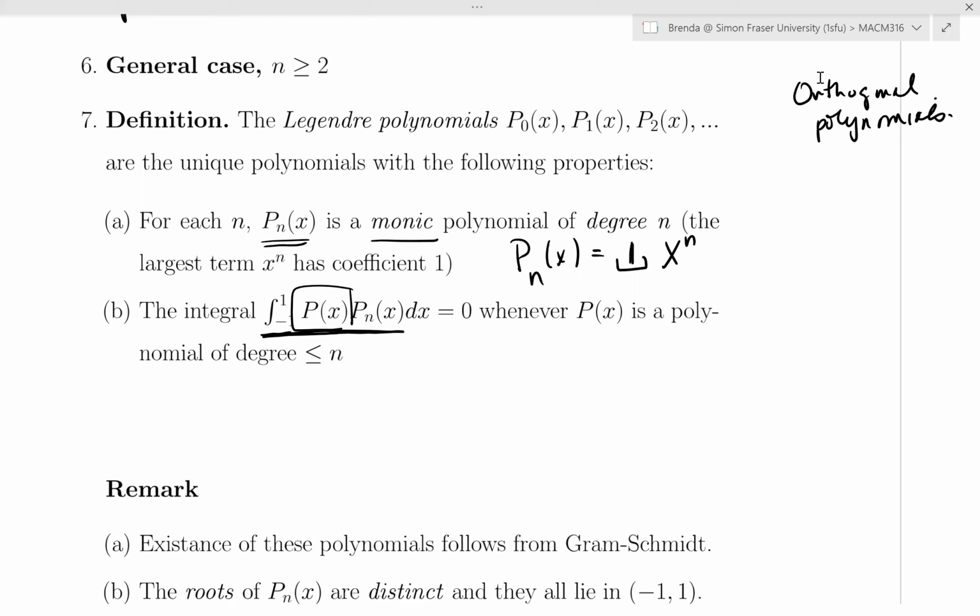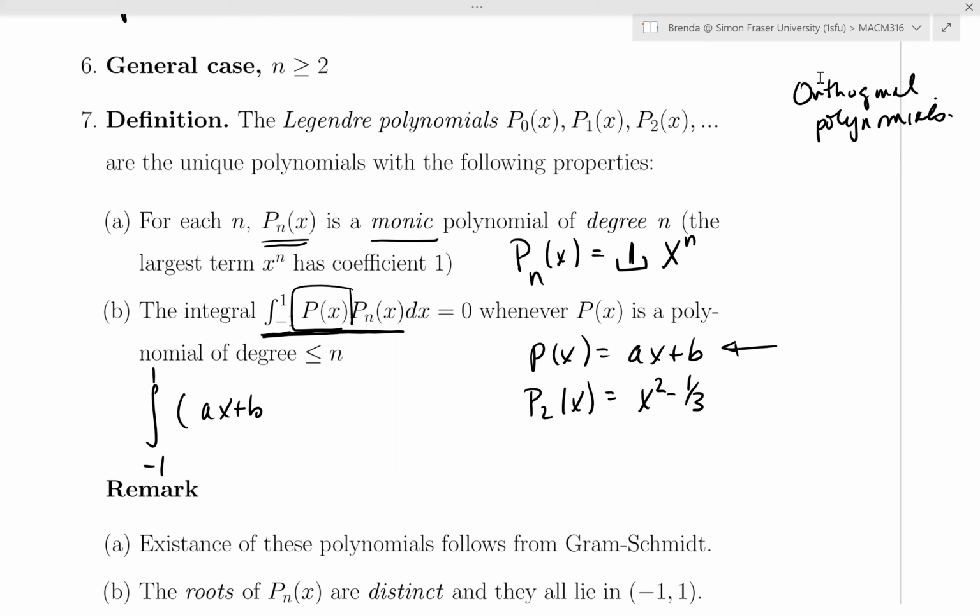Let me just, before we break, give you an example. Here is a polynomial of degree 1. There it is. Here is a Legendre polynomial, C2. Now watch this. We're going to take any polynomial of degree less than or equal to 2.